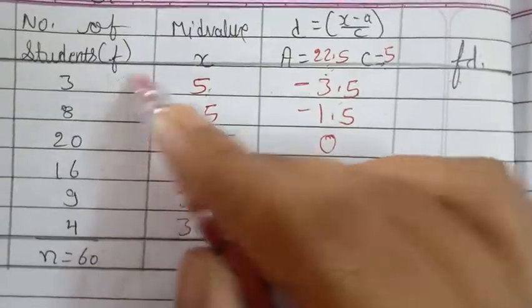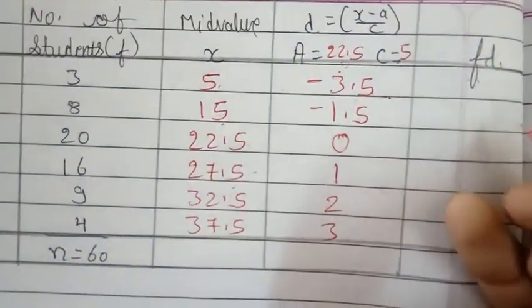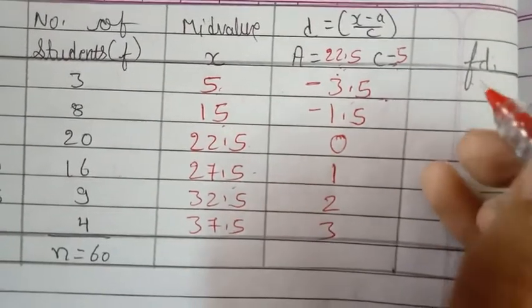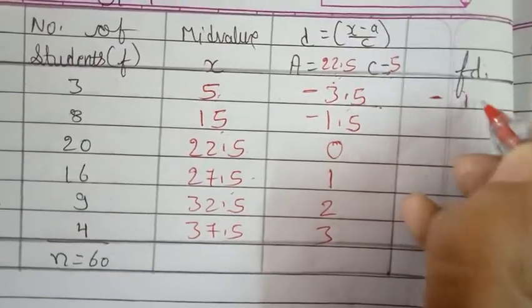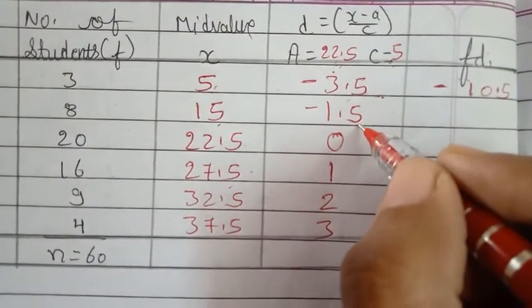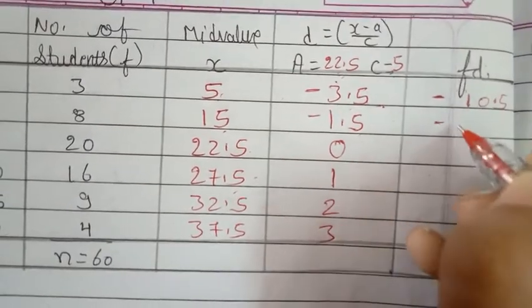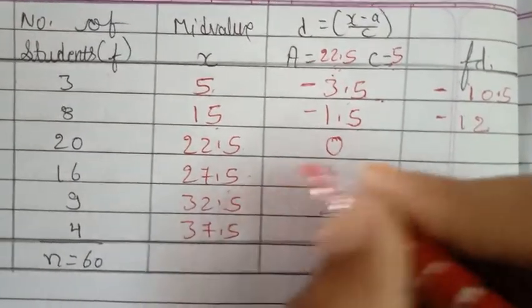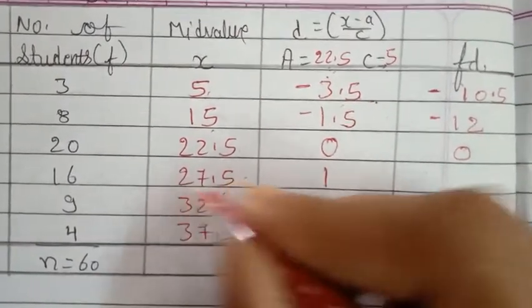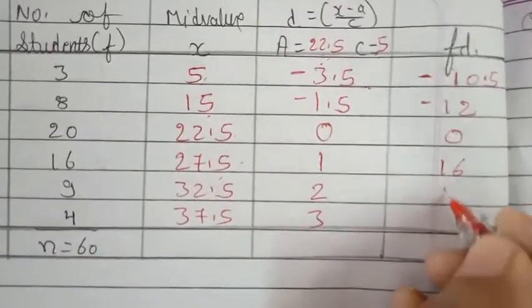So frequency multiplied by D. 3 multiplied by minus 3.5, minus 10.5. 8 multiplied by minus 1.5, that is minus 12. 20 multiplied by 0. 16 multiplied by 1. 9 multiplied by 2.